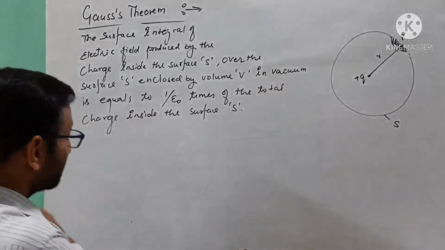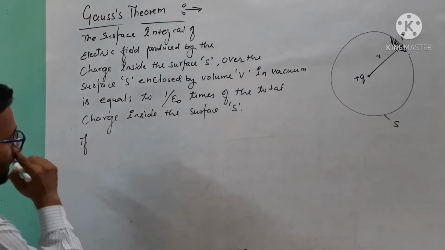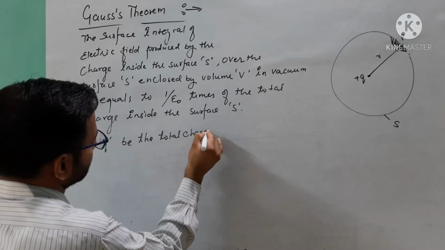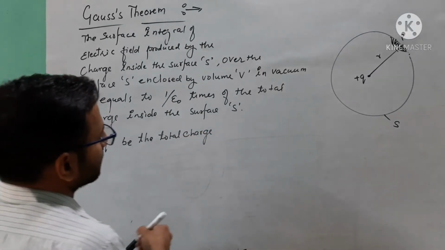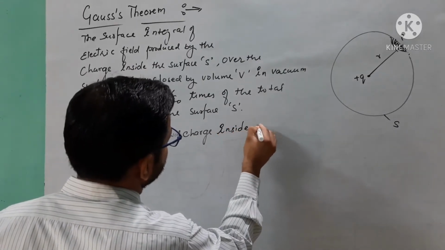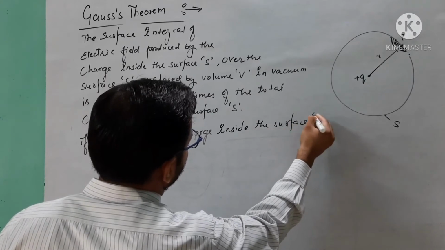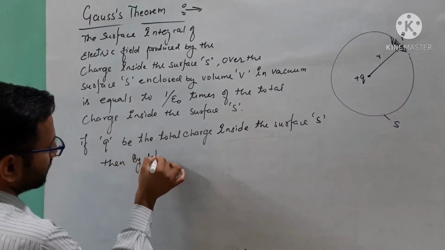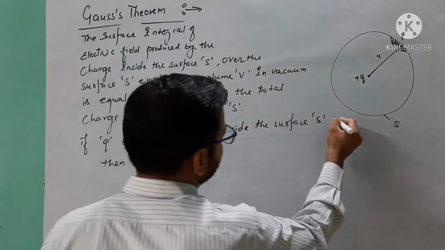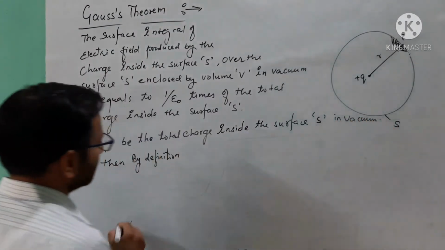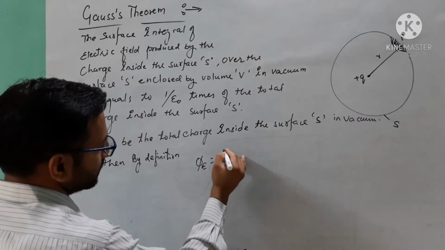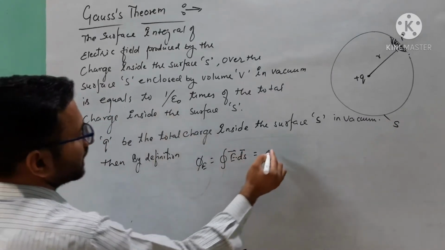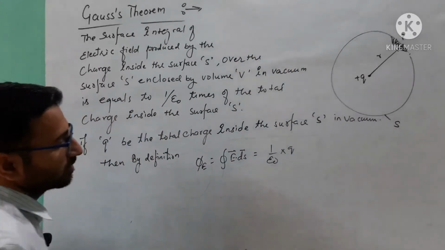After that, this point is clear. Now see, if Q be the total charge inside the surface S, then by definition in vacuum, phi E is equal to the surface integral of electric field, which is equal to 1 over epsilon naught times the total charge placed on it.